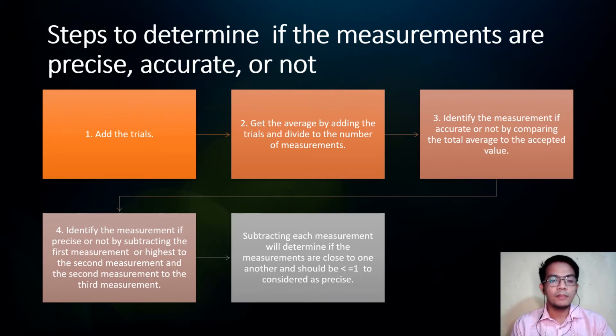Four, identify the measurement as precise or not by subtracting the first measurement or highest from the second measurement and the second measurement from the third measurement. Then lastly, the differences will determine if the measurements are close to one another; they should be less than or equal to 1 to be considered precise.